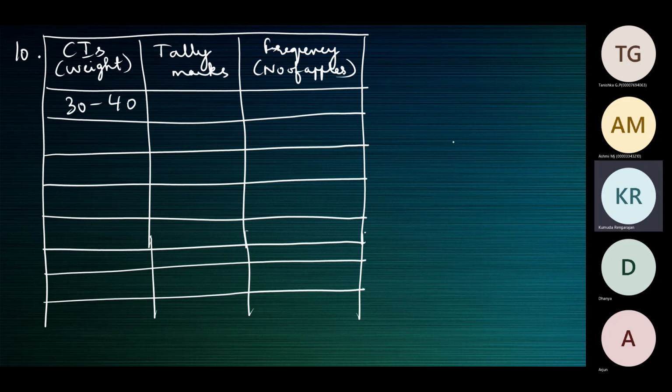Ma'am, let the lower limit be A, ma'am. Of which class interval? Let the lower limit of which class interval be A? First class interval. But the mid value of the fourth class interval is given, no? 65 grams. Fourth class interval.